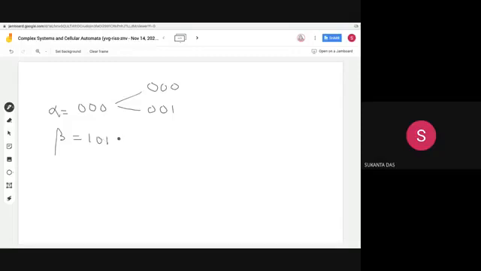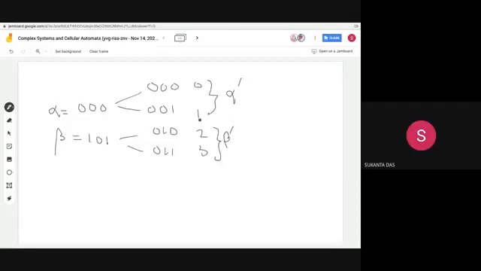From 101, I'll be able to get 010 and 011. So it is 0, 1, 2, 3. So this is alpha dash. From this, I have to choose alpha dash, and here I have to choose beta dash, right?